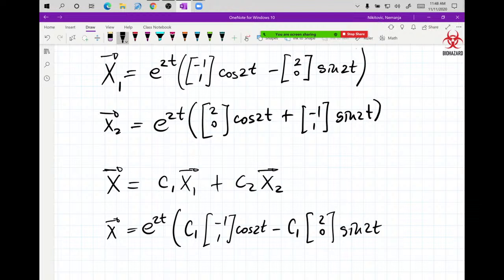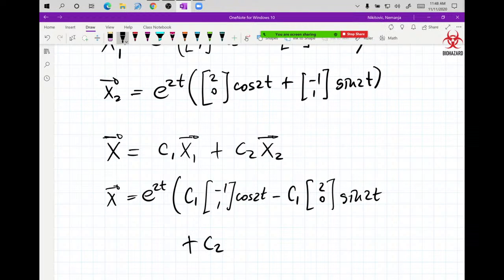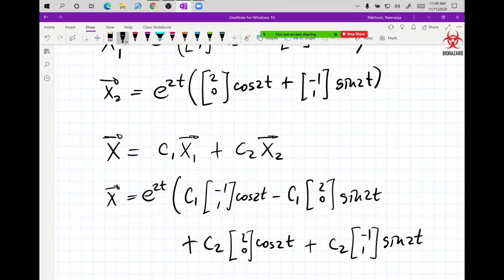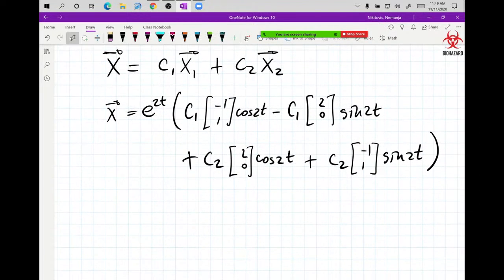Now, we are adding the second solution, so plus C2 2, 0 cosine 2t and plus C2 negative 1, 1 sine 2t. Okay, so that's just plugging in everything into x1 and x2 and factoring out e to the 2t in front.